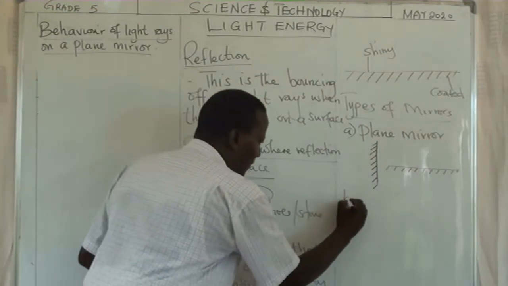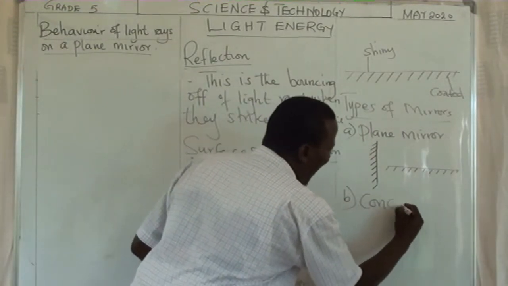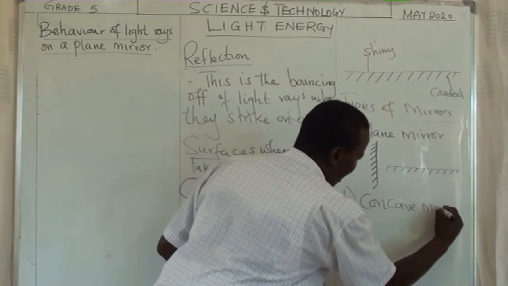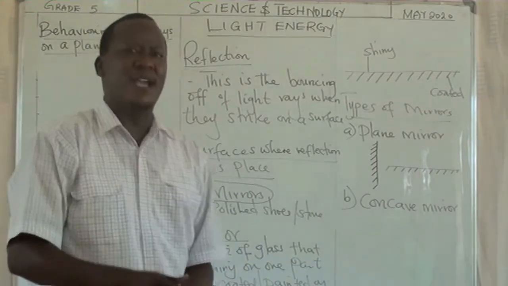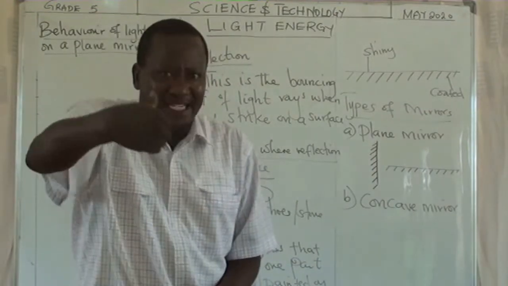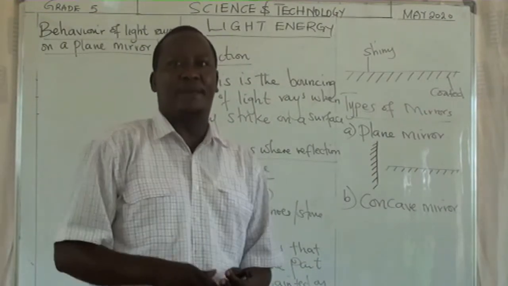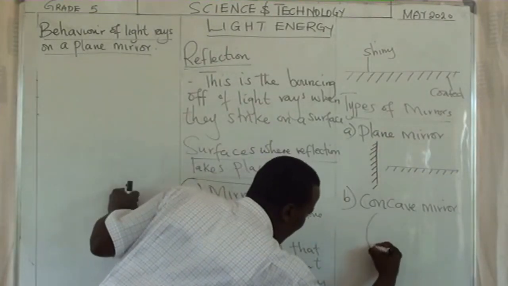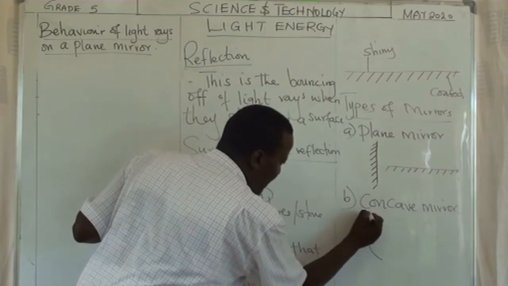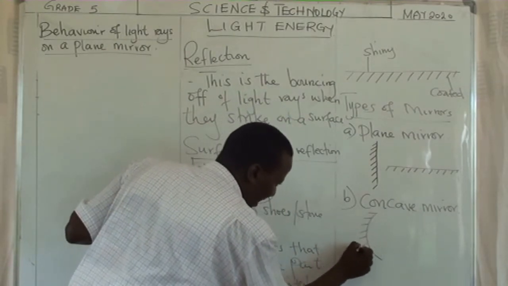Number 2, we have what we call a concave mirror. A concave mirror is a mirror whereby the shiny part is bent inwards and the coated part is bent outwards. The diagram is right here. That is a concave mirror.